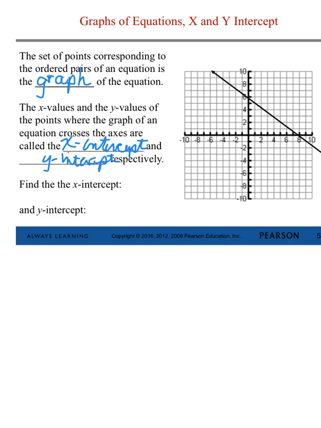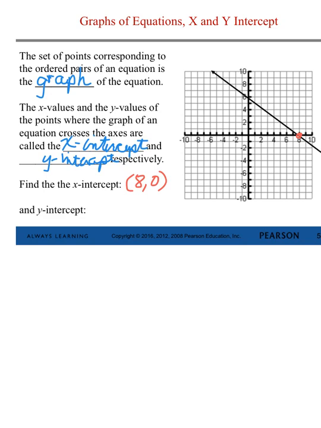So on the graph that we're looking at, the x-intercept is this point right here, and the x-intercept then is at the point 8, 0.